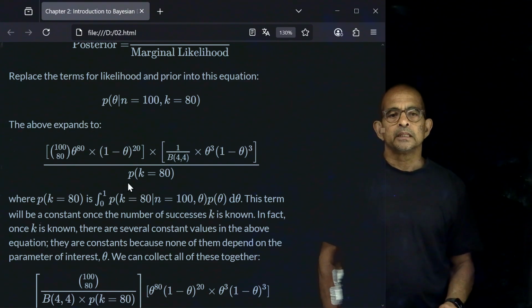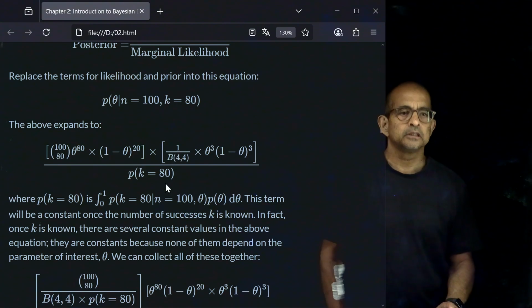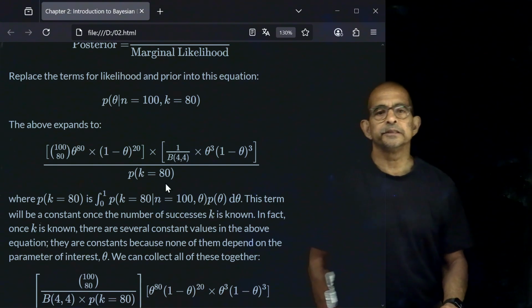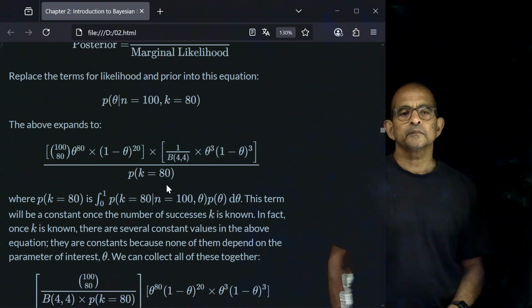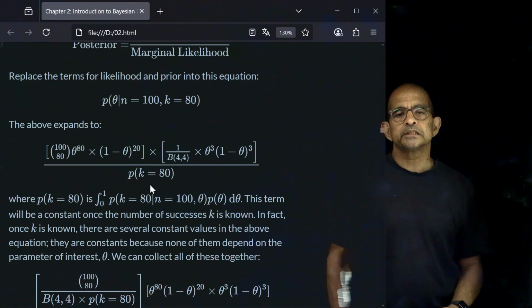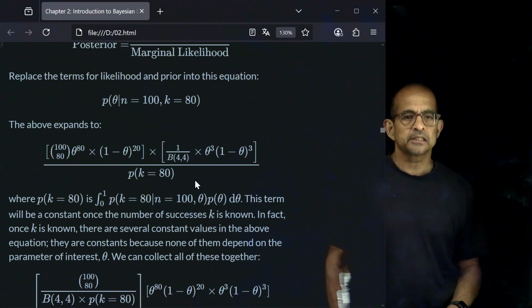Now, in the denominator, I have the marginal likelihood with k equal to 80 being the observed data that I have, right? What the denominator is doing, as I mentioned earlier, is the normalizing constant. Because it's a constant, we can actually ignore it.